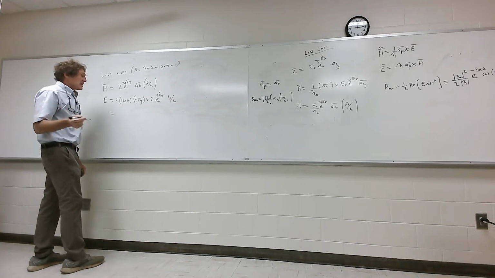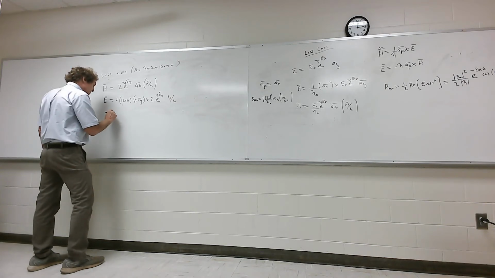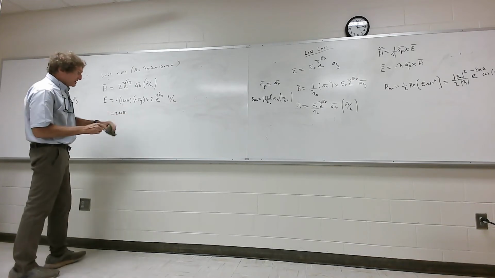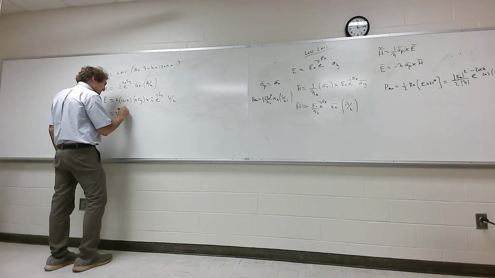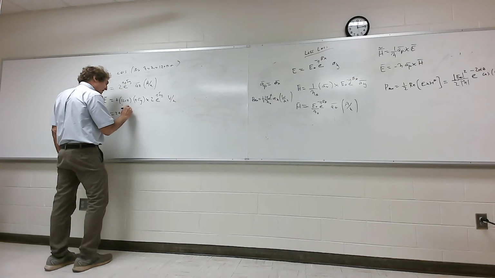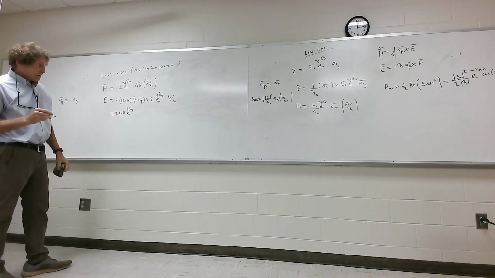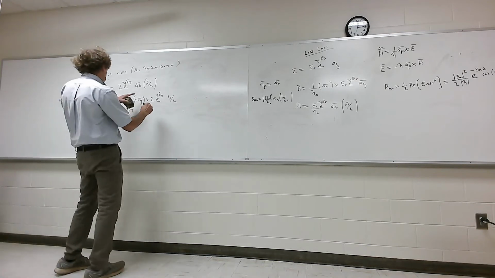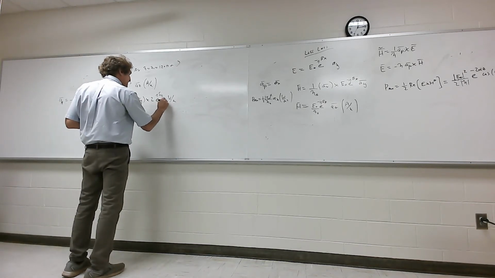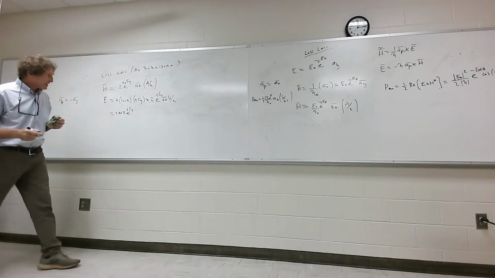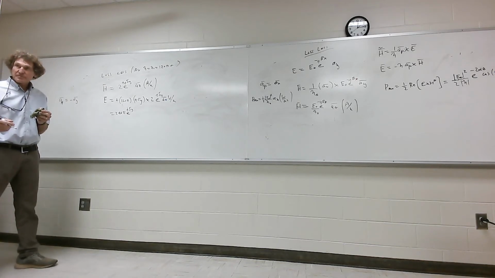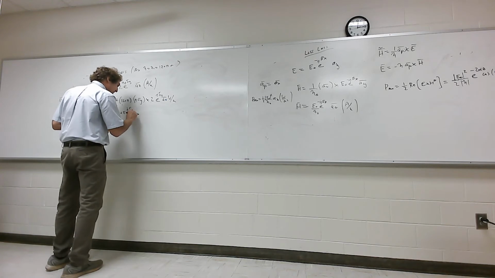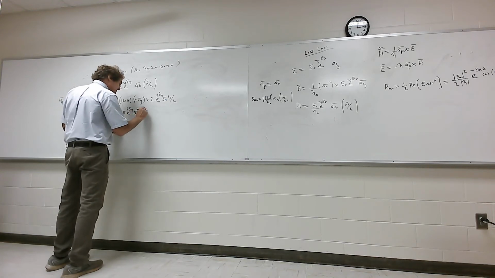Y'all with me? And what is that? 240 pi, right? Then I have e to the plus j 5y, and then I have ay cross az, which is AX, right? And that would be volts per meter.